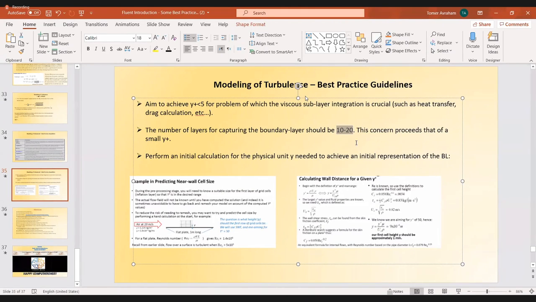What is a new model that is used today in Fluent is called the explicit algebraic Reynolds stress model, which actually uses a non-linear eddy viscosity assumption, and as such, it actually takes into account stuff like rotation.